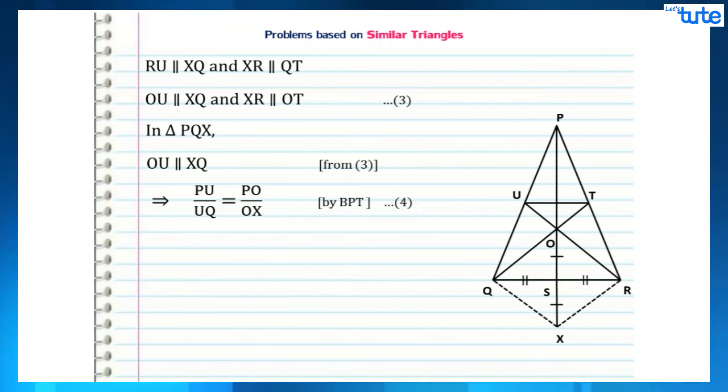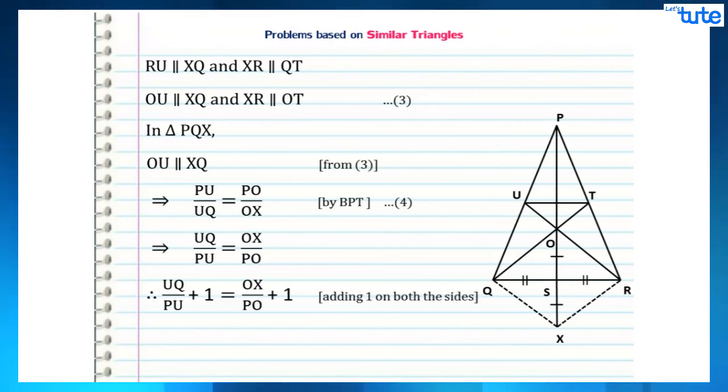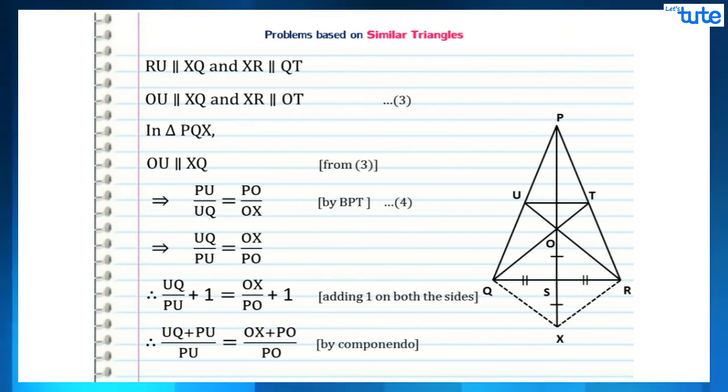By cross multiplying, we get UQ upon PU equals to OX upon PO. By adding 1 on both the sides, we get UQ upon PU plus 1 equals to OX upon PO plus 1. By componendo, we get UQ plus PU upon PU, which equals to OX plus PO upon PO.